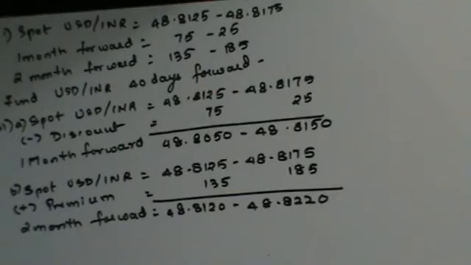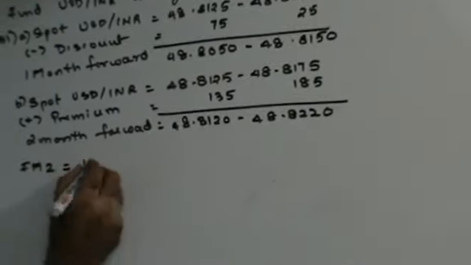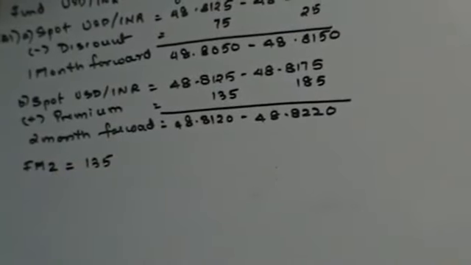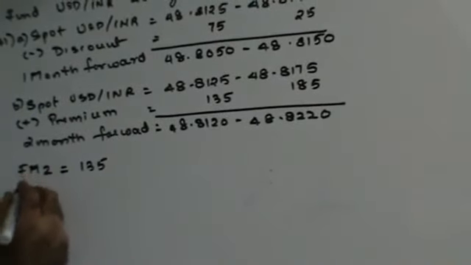Right? I know my 1 month forward, I know 2 months forward. I want 40 days forward. 40 days is 1 month plus 10 days. That means I need to find out my proportional forward margin. Now my forward margin of second period is 135. That's my swap points for 2 months bid.